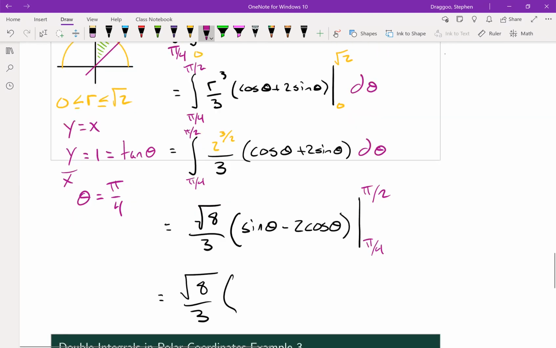So as our last step, we'll plug those values in. Sine of pi over 2 is 1 minus 2 times cosine of pi over 2, which is 0. And then we'll subtract from that the sine of pi over 4, which is root 2 over 2, minus a negative 2 times the cosine of pi over 4, which is also root 2 over 2.